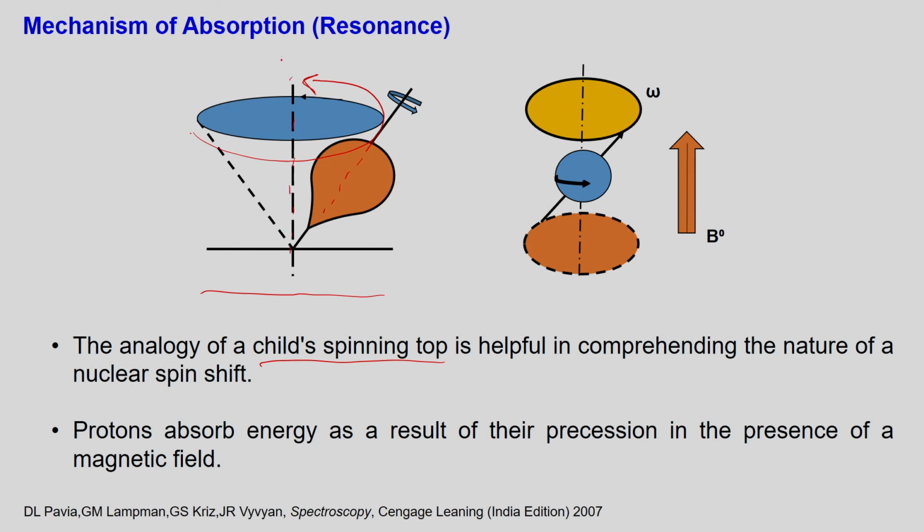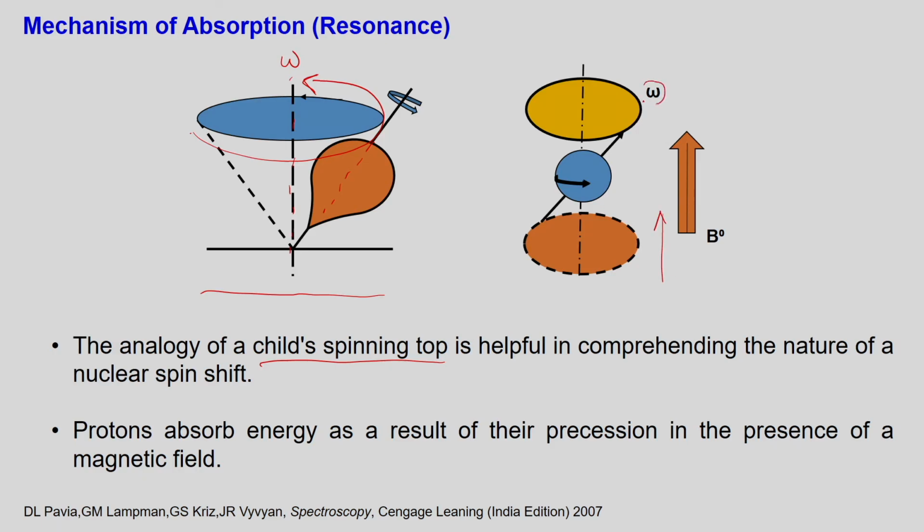This is called omega, which is shown here, and this analogy of a child's spinning top is exactly how a nucleus spins. Here again you have a spinning nucleus on the application of a magnetic field B naught.